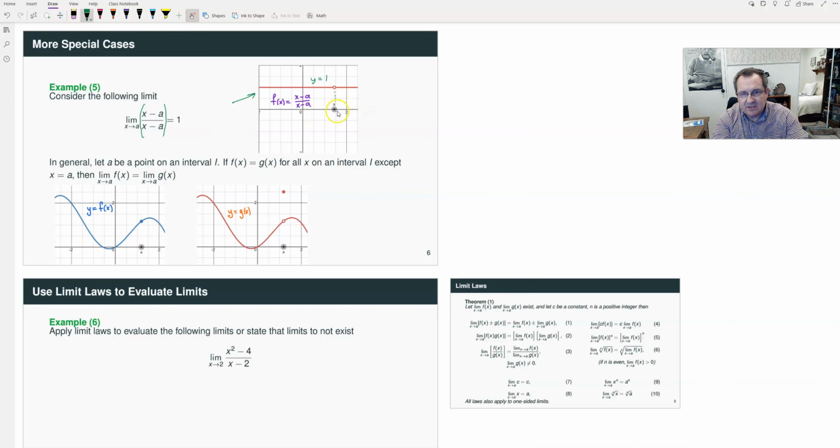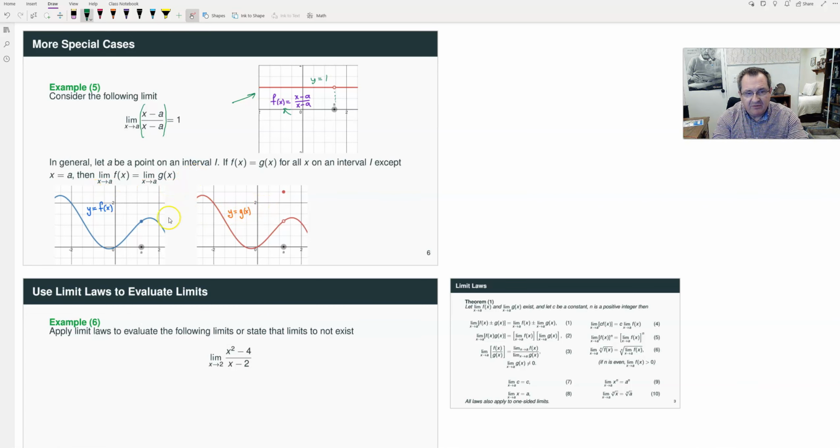We notice that we cannot substitute x equals a into the function because we will have division by 0. That fact is reflected by this empty circle that indicates that the function is undefined at x equals a. Nevertheless, its limit is perfectly defined. That limit is equal to 1. And we will see that function in examples below.